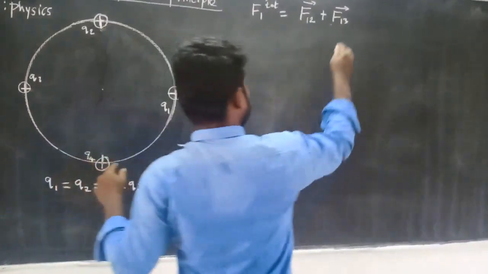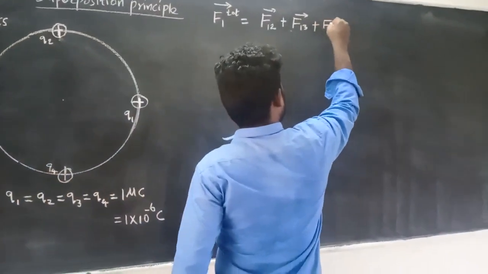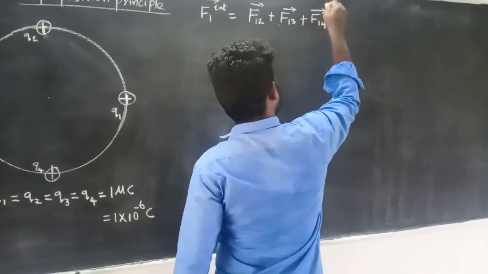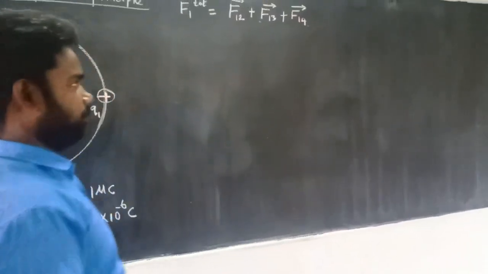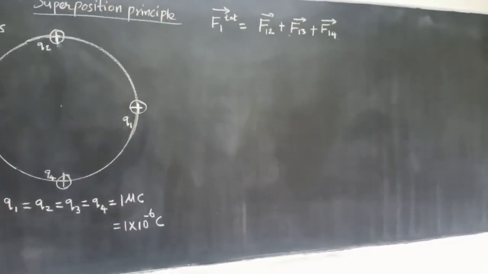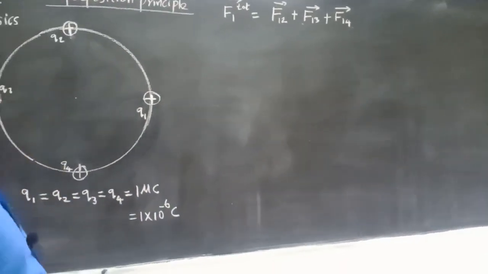Then another one is there, F14 vector, which means the force on the first charge due to the fourth charge. We can draw the forces.